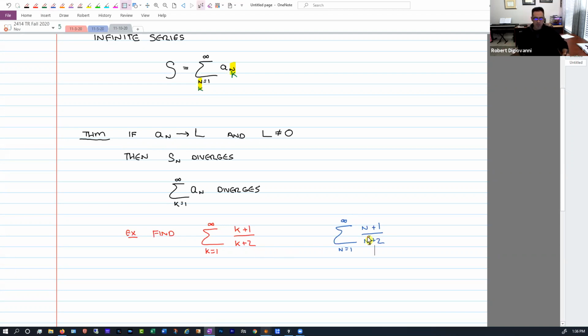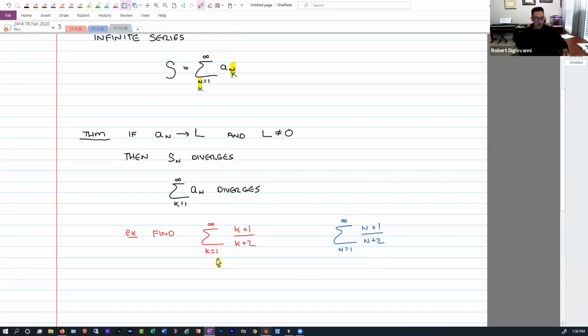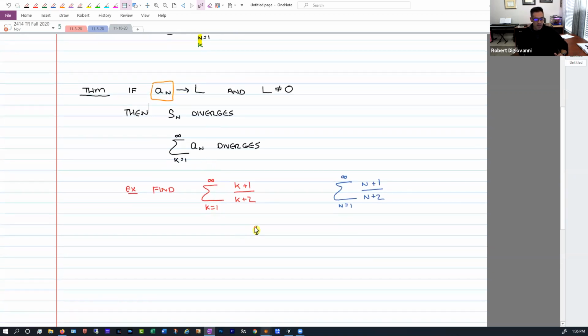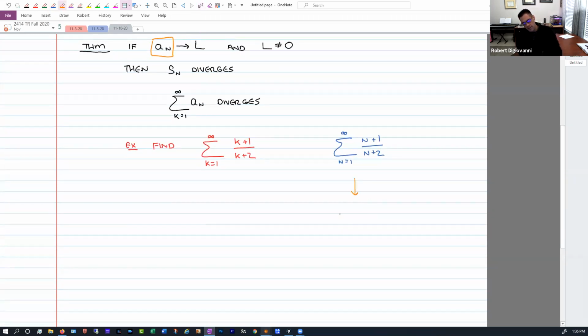These are both totally equivalent to one another because the k is a dummy variable and this n is a dummy variable. So what you have to see here is first, what is a sub n? Because this theorem says if a sub n is going to L and L is not 0, then the sum diverges. Can somebody tell me from here what a sub n is?